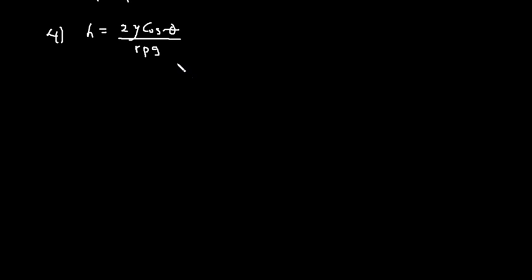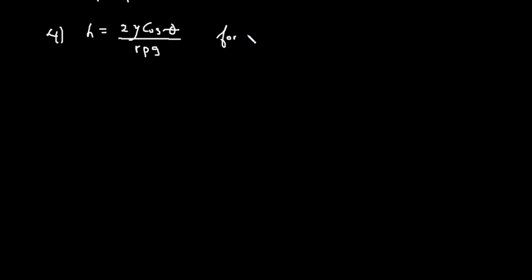Now this may seem confusing, but it is the easiest question of all. So we would like to make gamma the subject of the formula. At present, h is the subject of the formula. So we need to change that by rearranging what we have in order to make gamma the subject of the formula.